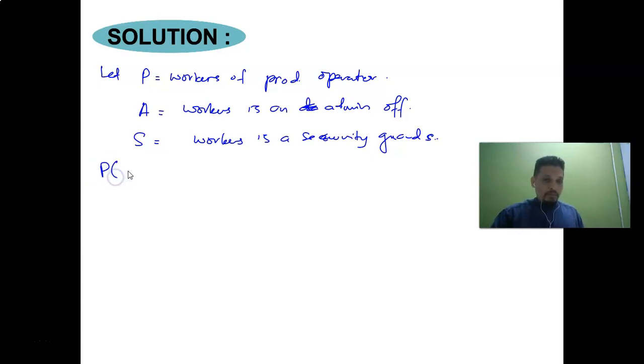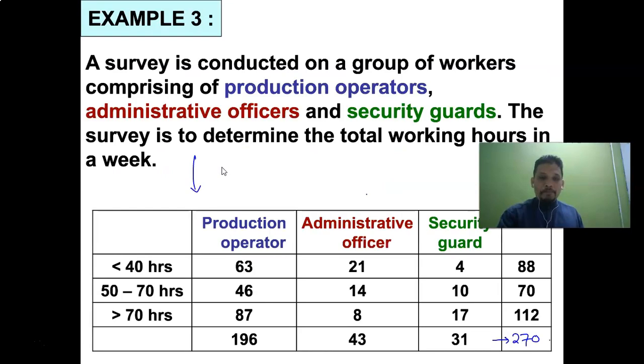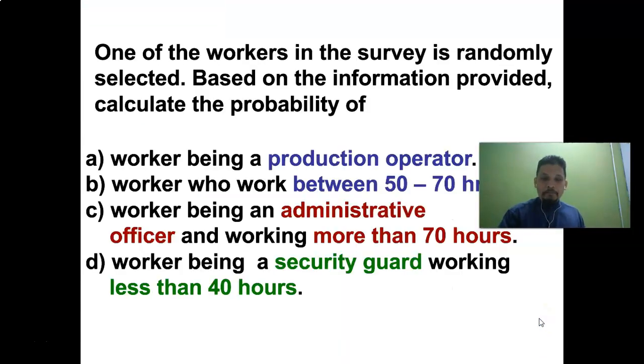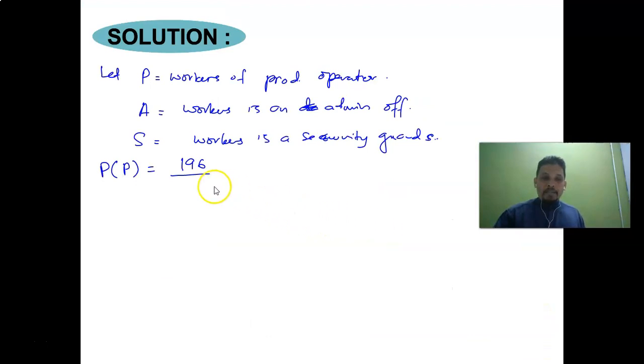So the probability of P, workers who are production operators: the total is 196 divided by the total of all the workers in the factory, which is 270, that is 196 plus 43 plus 31.